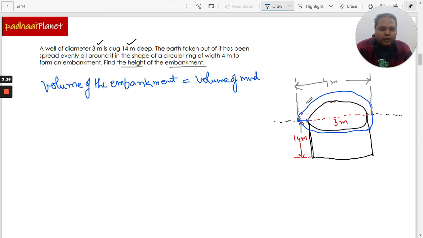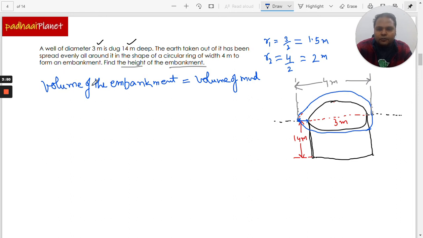Now if we look at this, the internal radius R1 is going to be 3 by 2, right? And the external radius, that is R2, is going to be 4 by 2. So we can say that this is 1.5 meter and this is 2 meter, right?